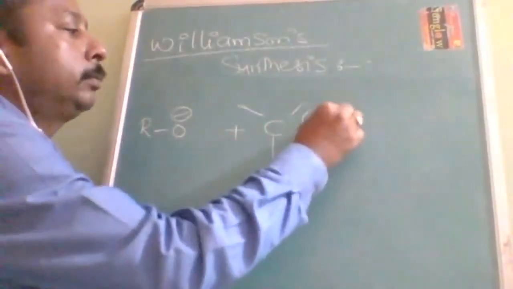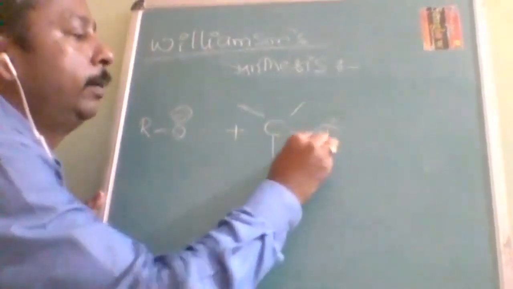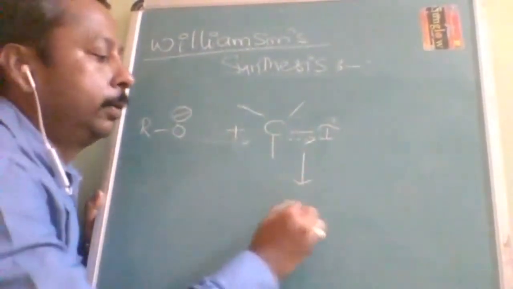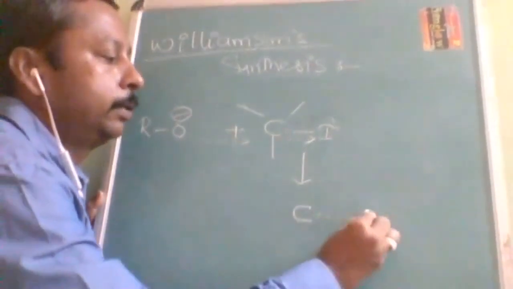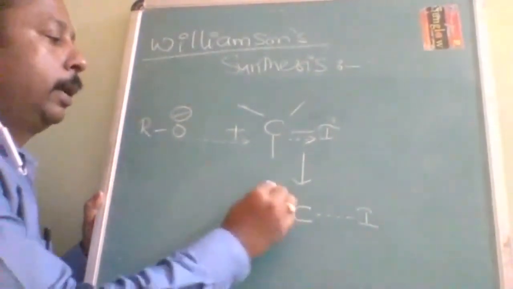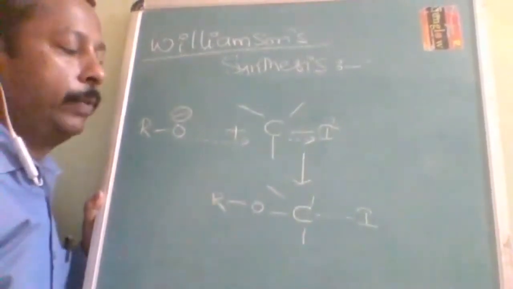Here this will keep on eliminating, this will keep on attaching. So there will be a transition state. The bond between iodine and carbon reduces, and the bond between oxygen and alkyl group will increase.